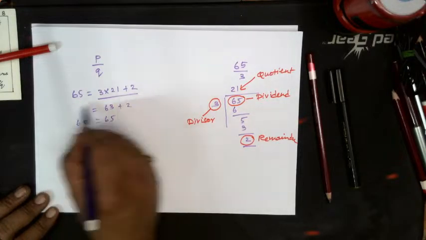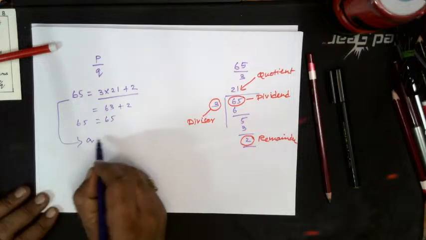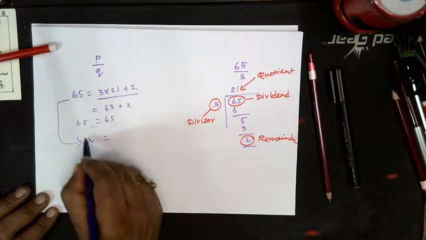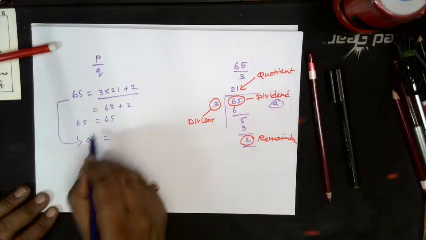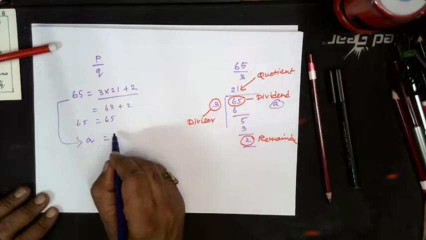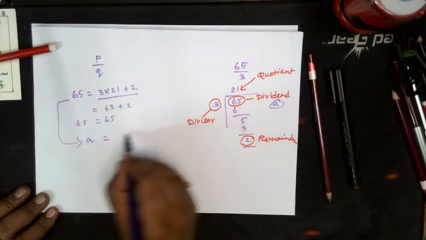This is called Euclid's division lemma, and it is represented as A, the dividend. So A represents the dividend here, and 3 into 21. What is this 3? That is the divisor.